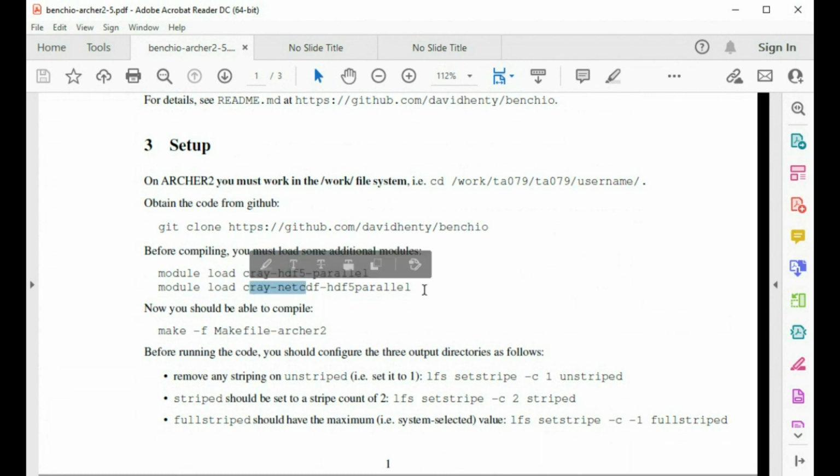So cray-netcdf-hdf5parallel is NetCDF, which then calls HDF5, which then calls MPI-IO. So that's the hierarchy of these modules.